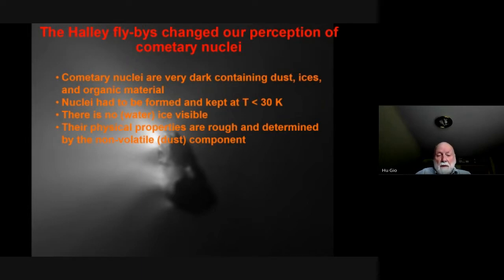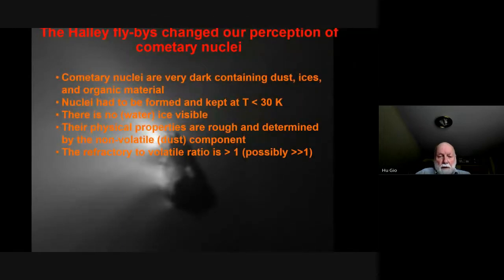It showed mountains, cliffs, and so on. And this is quite different from a subliming icy conglomerate snowball, if you want this comparison. The refractory to volatile ratio was larger than 1. And before, people thought that it's a dirty ice ball. That means ice was prevailing. And we found, I think, that the refractory part was prevailing over the ice part.